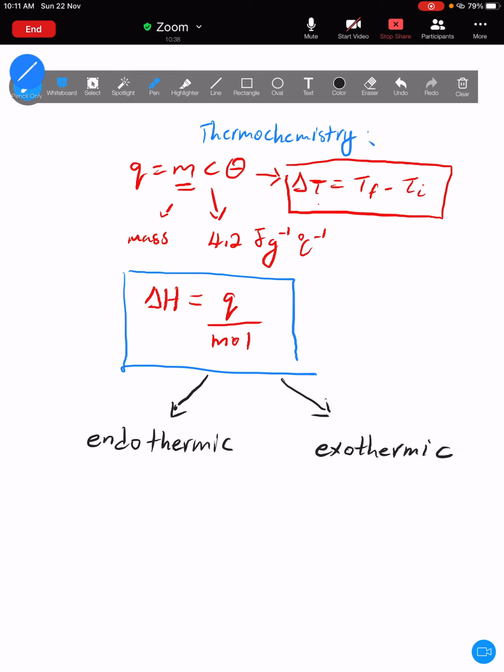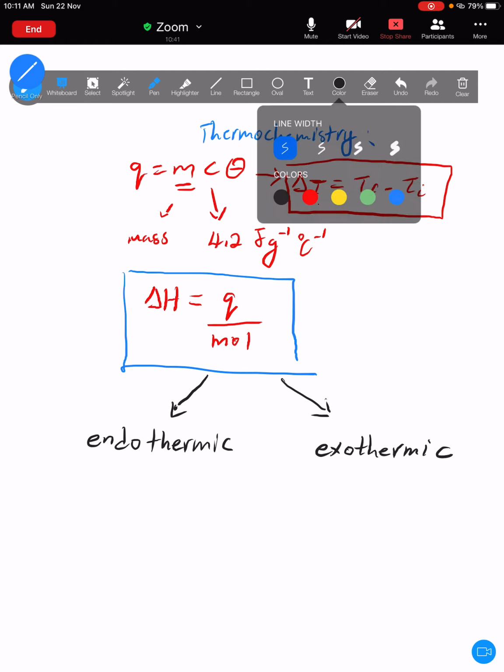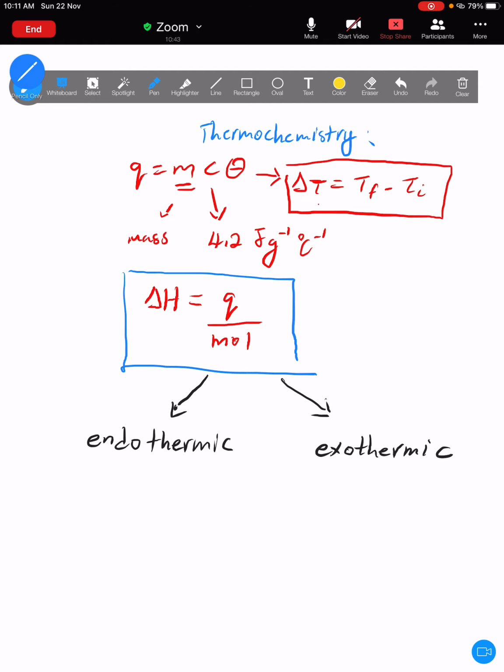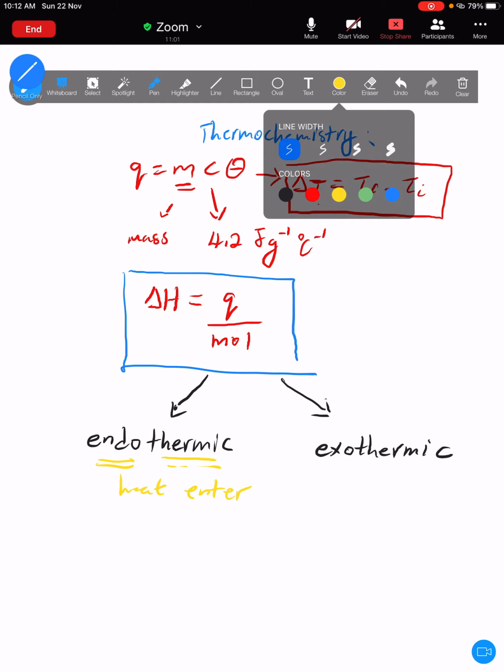From the words themselves, endothermic and exothermic, you can notice that endo already gives you a clue. Thermic stands for heat. Therefore, endothermic stands for heat enter, from the word enter.